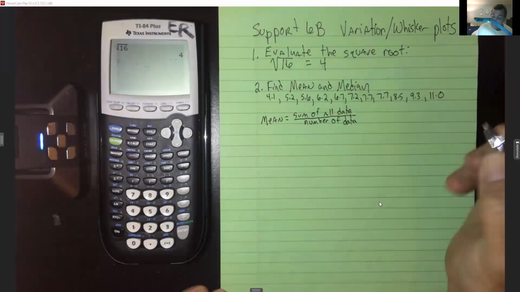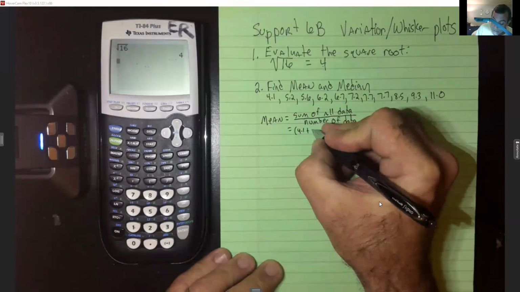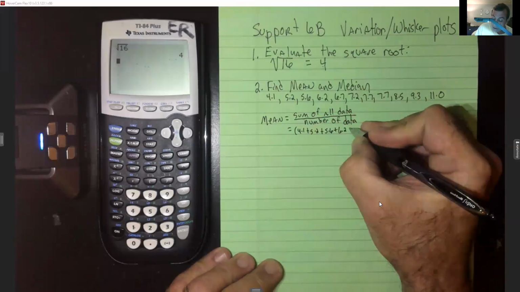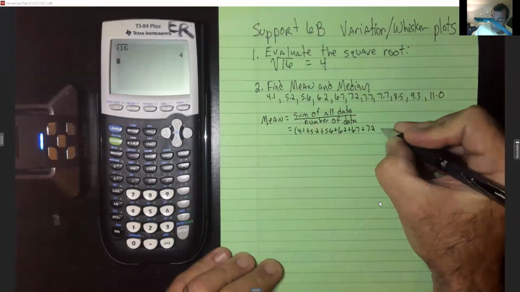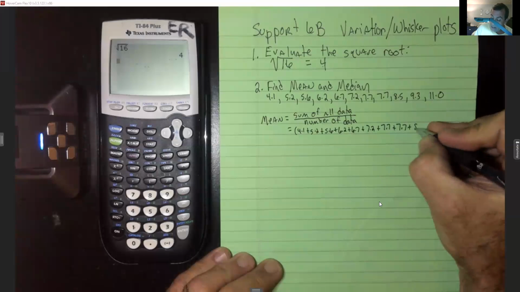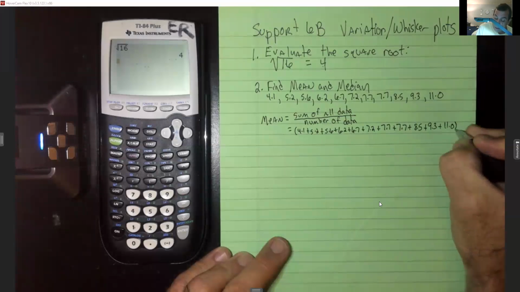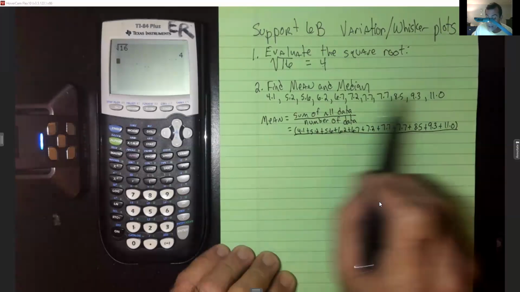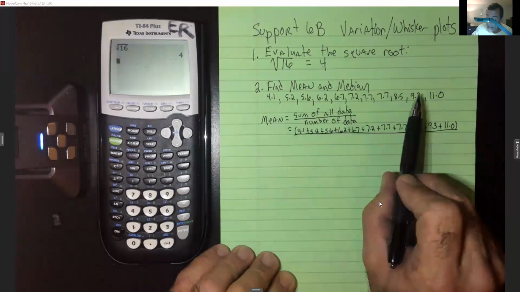So for that problem, I'm going to add 4.1 plus 5.2 plus 5.6 plus 6.2 plus 6.7 plus 7.2 plus 7.7 plus 7.7 plus 8.5 plus 9.3 plus 11.0. I'm going to add all them up and then divide by how many numbers I had. So I had 1, 2, 3, 4, 5, 6, 7, 8, 9, 10, 11 numbers.